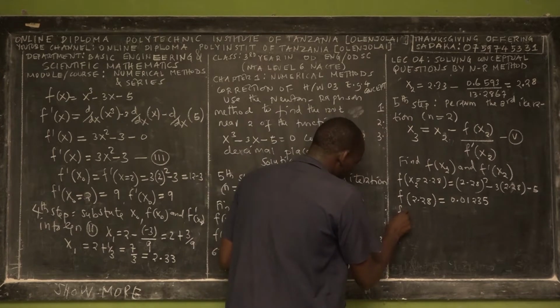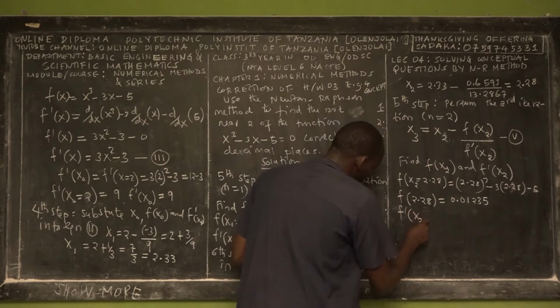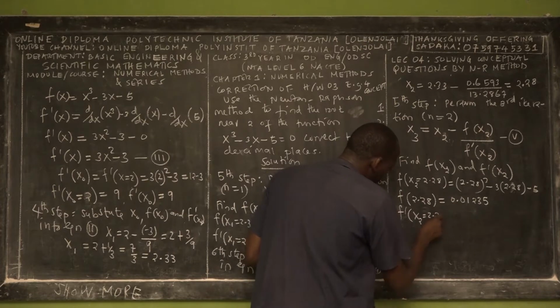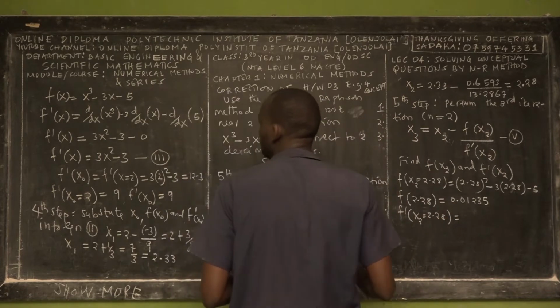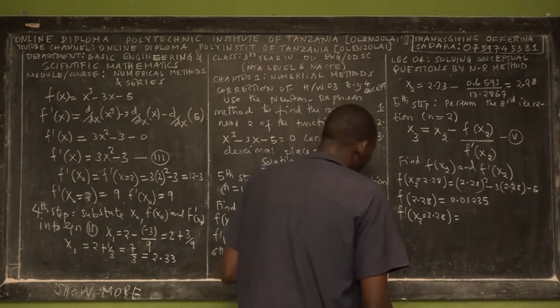It's not the root of the function. So the value of the function you can put in any decimal places. Then we are looking for f'(x2), where x2 is 2.28. What is our derivative function? Our derivative function is 3x squared minus 3.